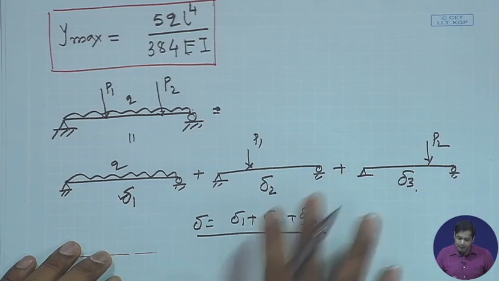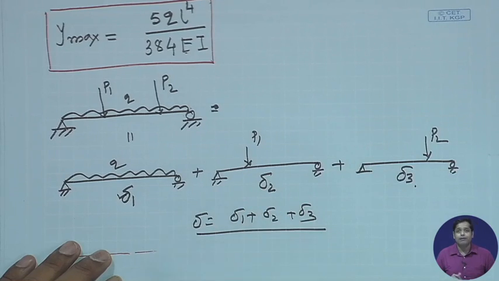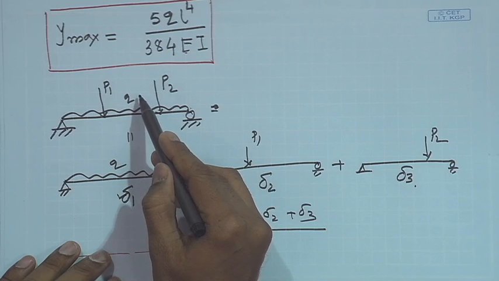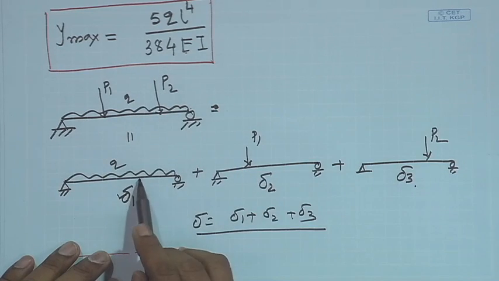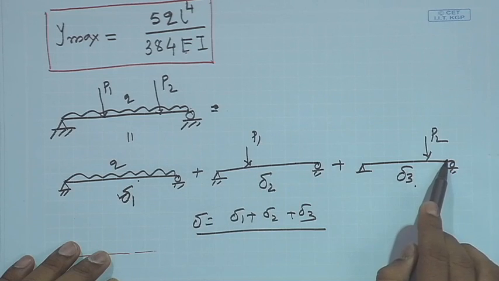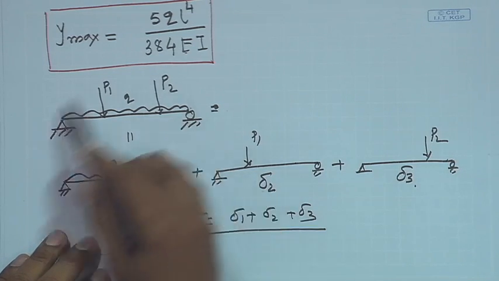And it is not only for deflection, you can apply the same thing for internal forces as well. For instance, for this beam, if you have to compute the moment at any particular section, you can decompose into three parts, get the moment or shear force for each, and add them together to get the final moment and shear force for this member.